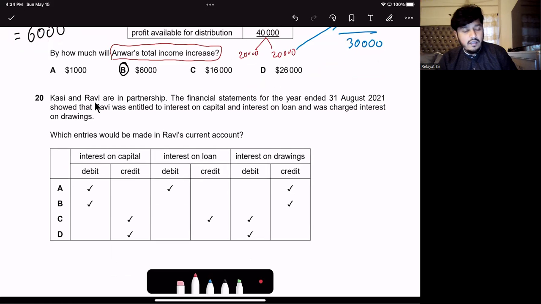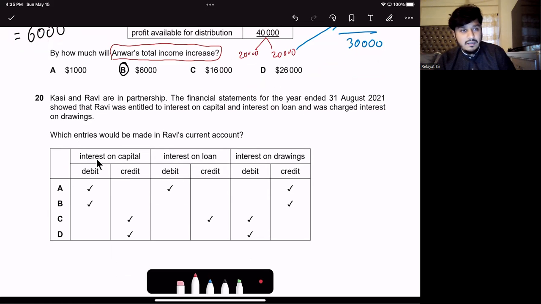Kasi and Ravi are in partnership. The financial statement for the year ended 31st August 2021 showed that Ravi was entitled to interest on capital and interest on loan, and was charged interest on drawings. Which entries would be made in Ravi's current account?